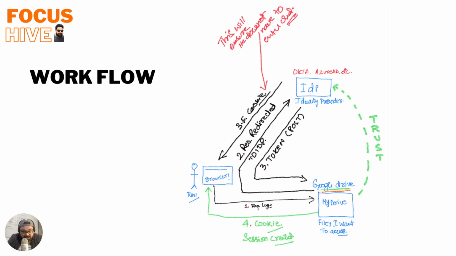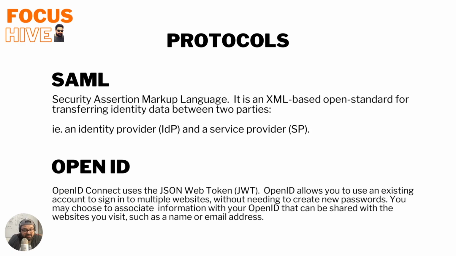So what does this for us? What are the protocols that enable SSO to operate? That is basically SAML, Security Assertion Markup Language. It is an XML-based open standard, and it is a standard that enables applications to share identity information, which means your IDP, when sending data to the service provider, uses this protocol.